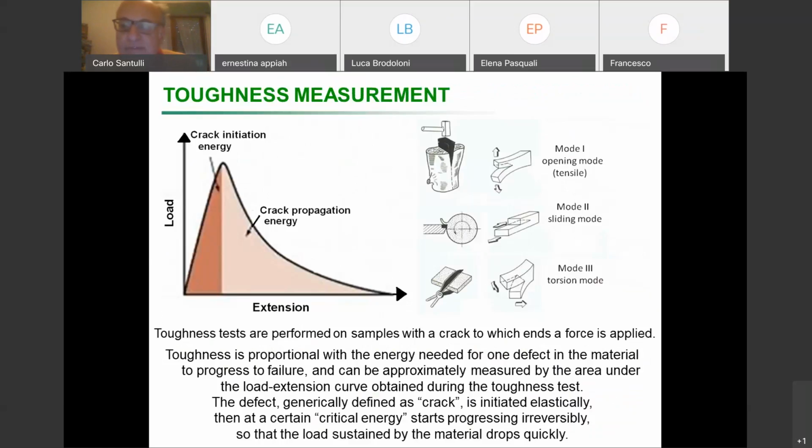As I was saying before, on toughness, I concluded last slide that we use concrete, which is not a very performing material because it's not very stiff. Even in compression, concrete is not particularly stiff, but it is tough.